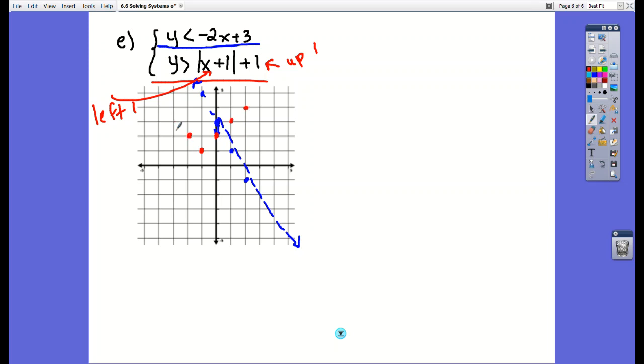The left side is just the negative of it. We are going to be dashed again, because it's just greater than. Don't forget the arrows at the end of this absolute value graph. And then, because it's greater than, we are above the red line. So we're below the blue, above the red, which would then tell us that when we shade here, we should be right in here. And our solutions would look like that.